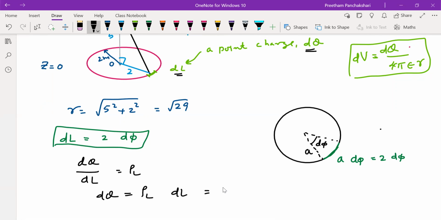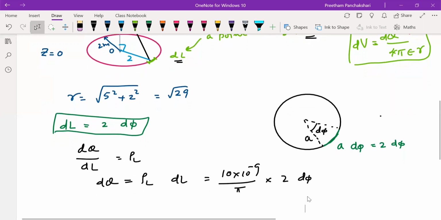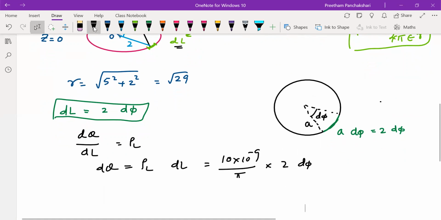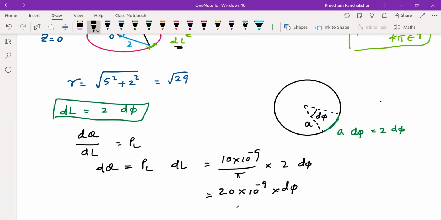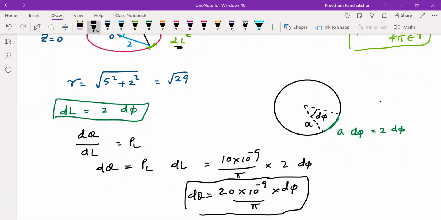Rho l is anyhow calculated already. It is, I think, 10 nano divided by pi, into dl, which is 2 into d phi. So finally, we have 20 into 10 power minus 9 into d phi divided by pi as our differential charge on a differential length dl.